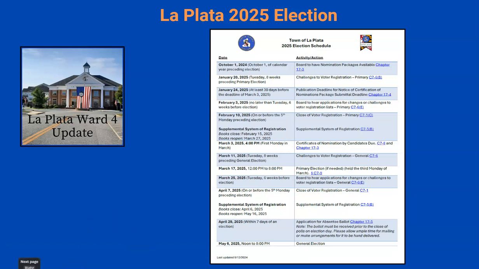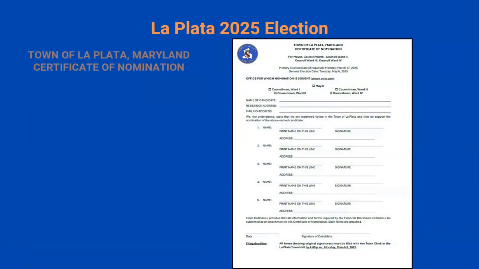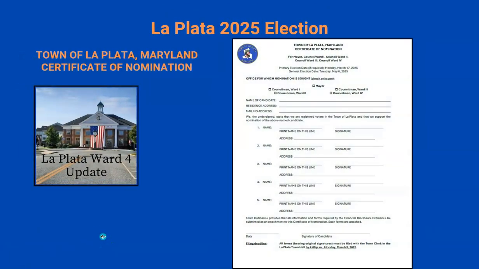Again, I have links to all this information to go into greater detail. This is the form you would complete to file for the office of either mayor or one of the four council districts.